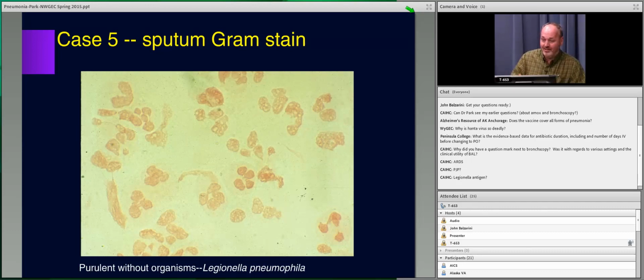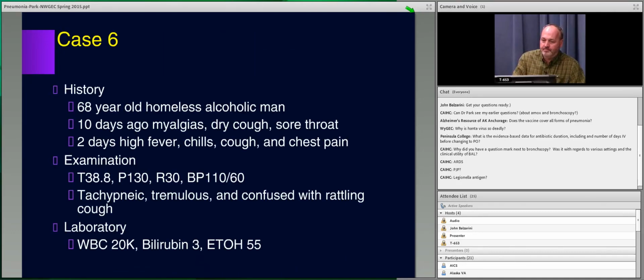Okay? The Legionella antigen you can send on the urine, and it'll come back within hours, hopefully, if you're somewhere close to civilization. And then you'll know right away that you're on the right path. But hopefully you're going to be covering that with your macrolide therapy, along with whatever else you give them. Parenthetically, you can send urine for pneumococcal antigen too, and it has the same relevance.